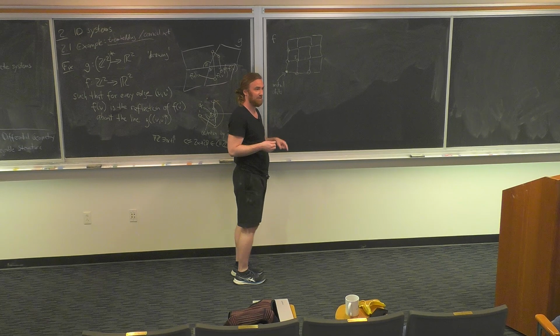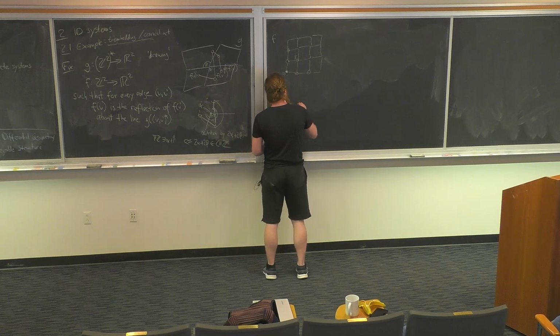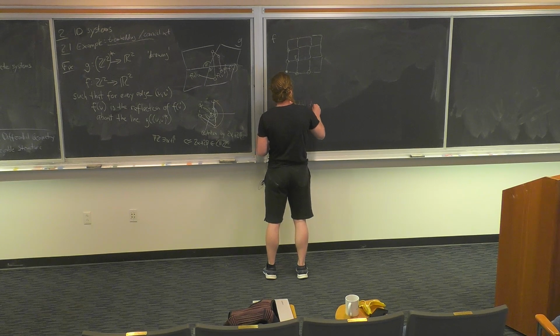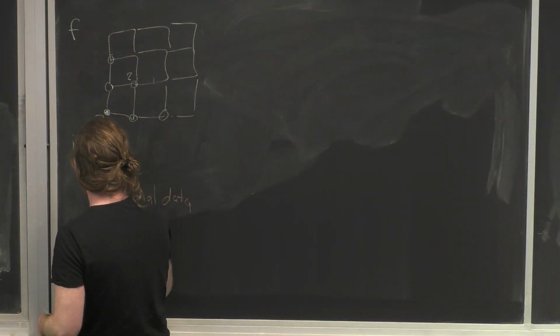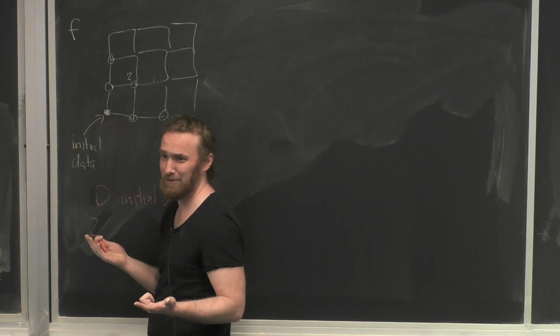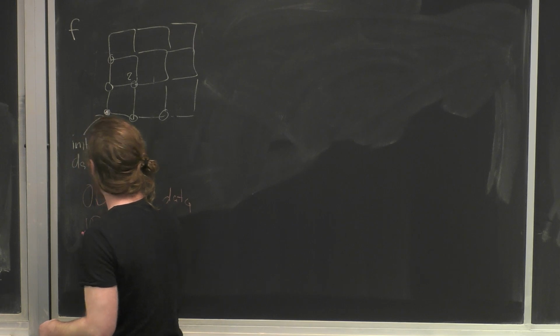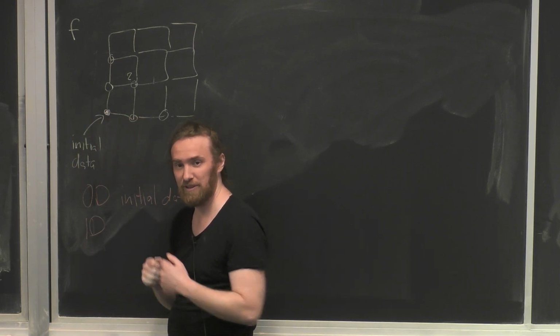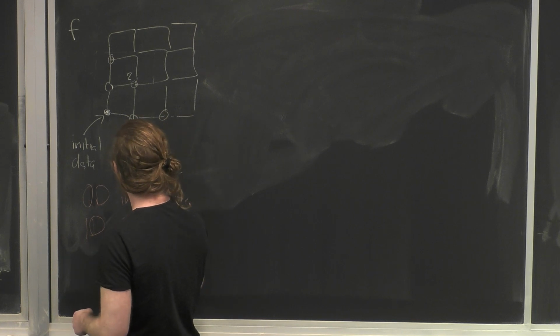Let me put that in a box because that's the observation behind the standard notions. So we have 0D initial data, that's this point. We have 1D propagation, because I propagate my data along edges, with these reflections in this case.